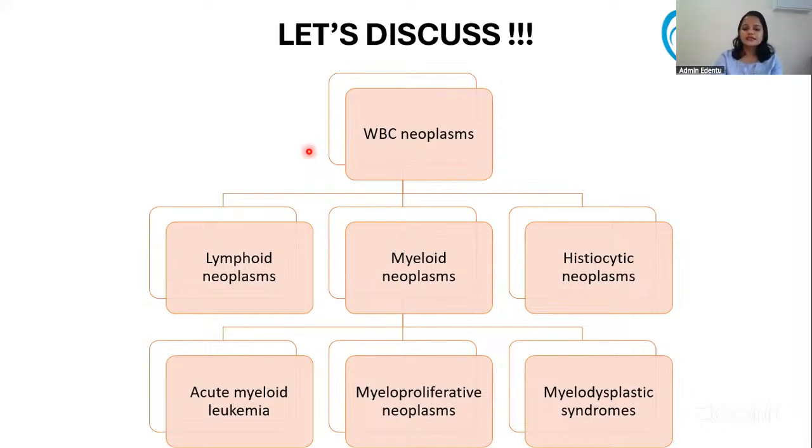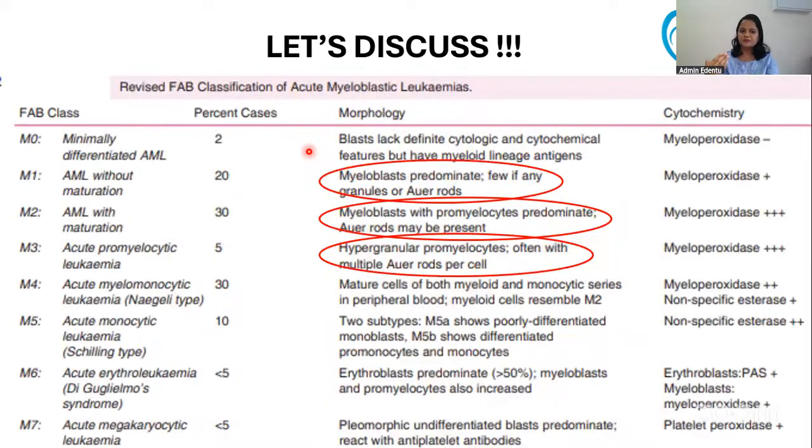If you look at acute myeloid leukemia, the FAB has given a classification for this AML. FAB means French-American-British classification. According to this classification, AML is divided into 8 types, from M0 till M7. M0 is the least differentiated one, and M7 is the most progressive one.